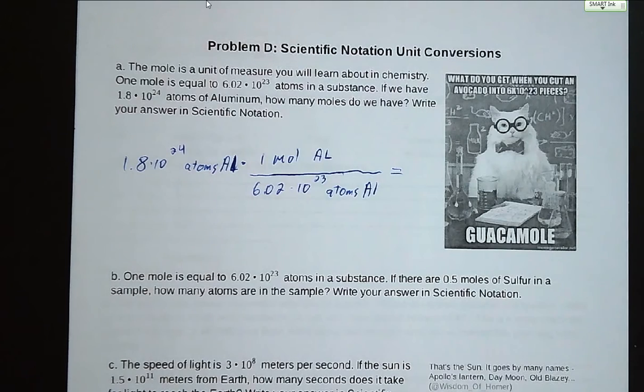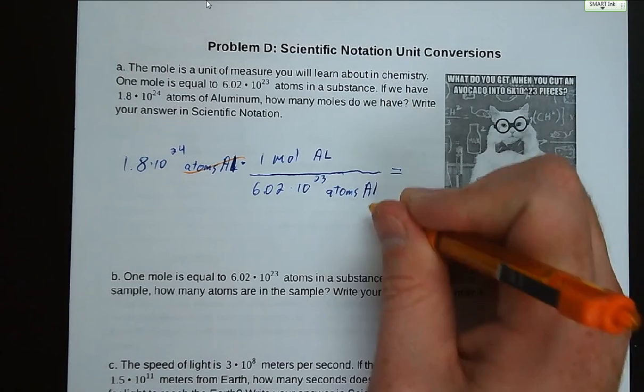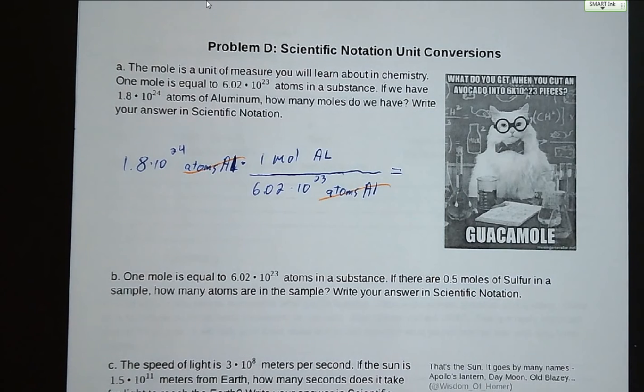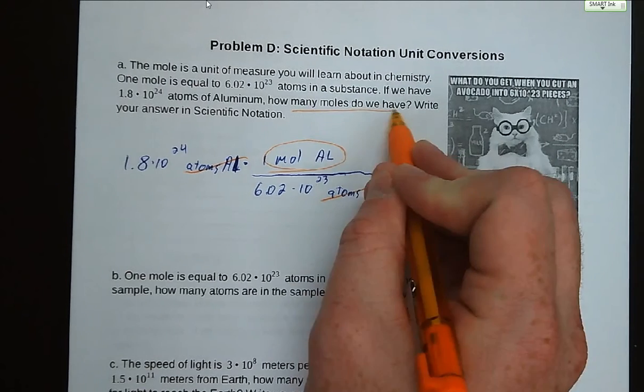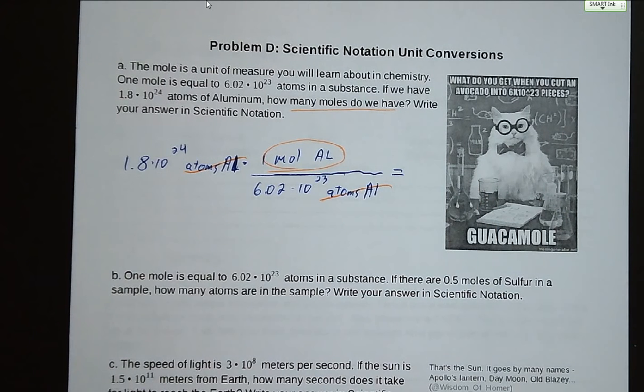Okay, so we look at our conversions. We've got atoms of aluminum canceling out. We're left with moles of aluminum, which is what we want to know. So now we just need to do the math.